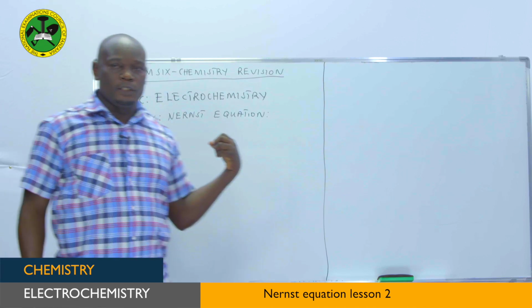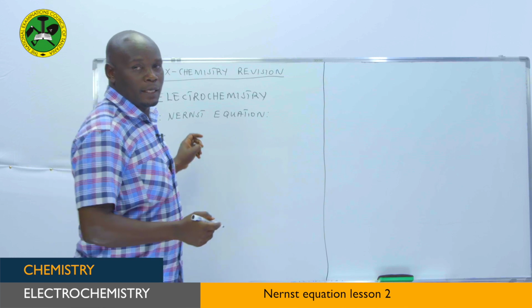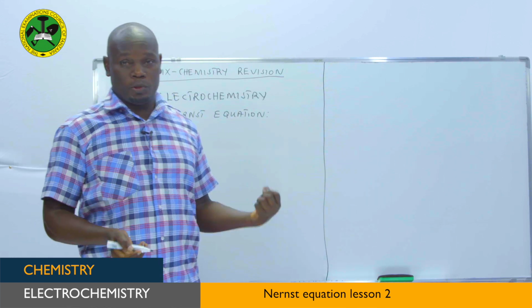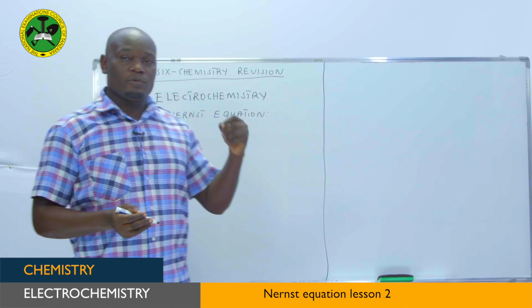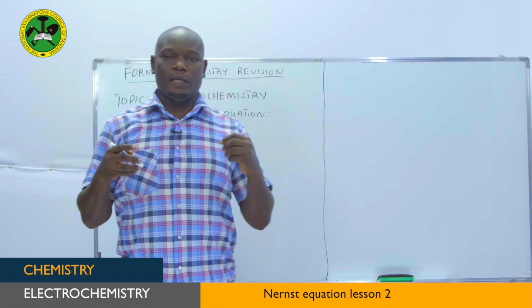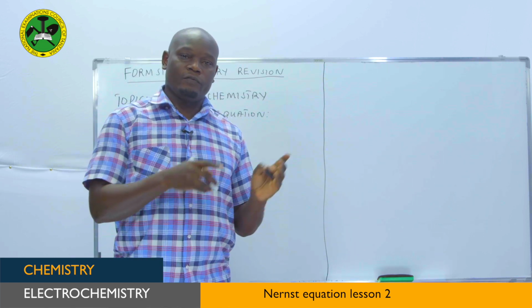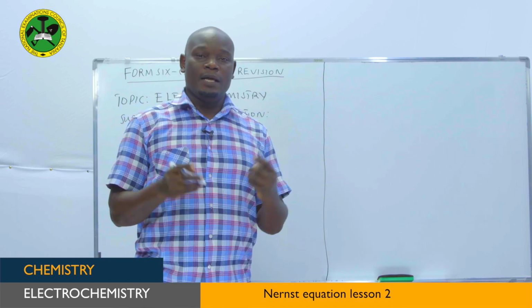By the end of this lesson, you will be able to use the standard electrode potential in determination of the pH of a solution, but you also will be able to use the standard electrode potential to predict if a chemical reaction can take place or cannot take place. That is the feasibility or the unfeasibility of the reaction.